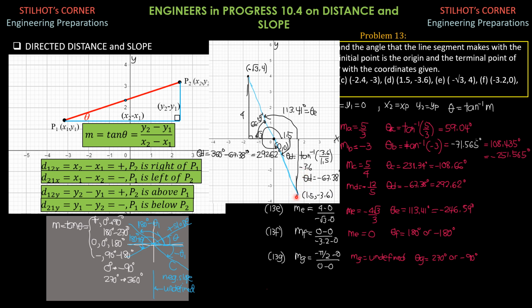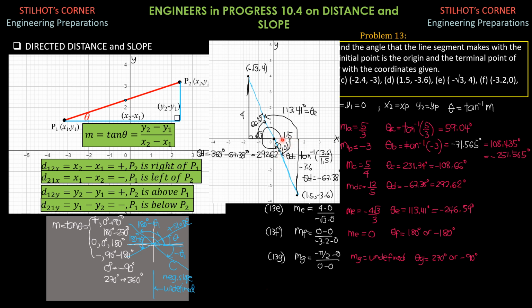This is the point 1.5, negative 3.6, and this angle is equal to negative 67.38 degrees. Then if you don't mind, if you just make it absolute value, it is positive 67.38 degrees, but this is the actual angle.